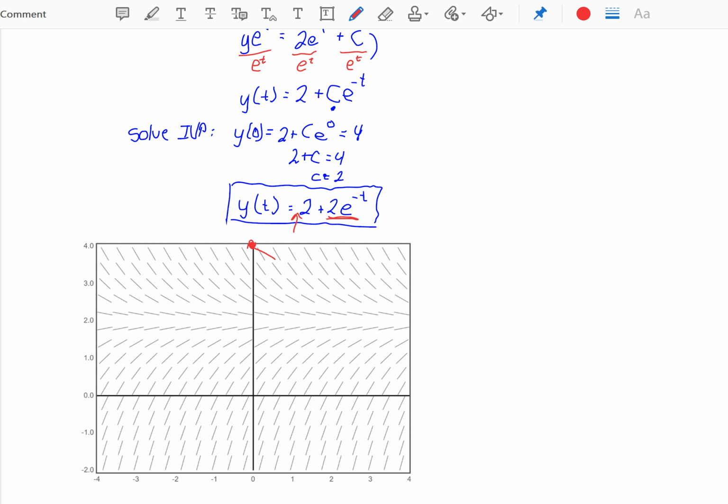I'm having a hard time drawing this, though. We should have a decreasing exponential function starting at (0, 4). Should look something like that.